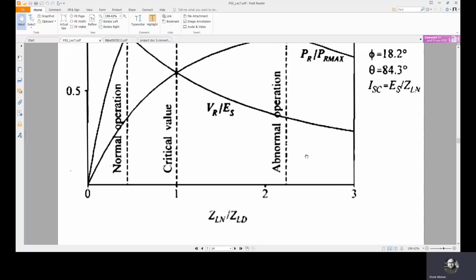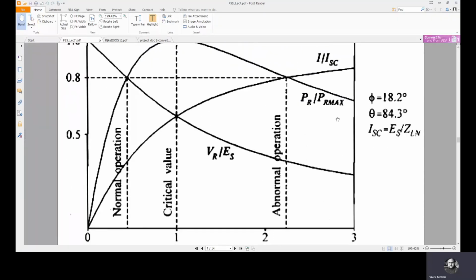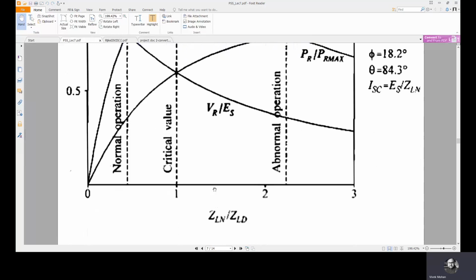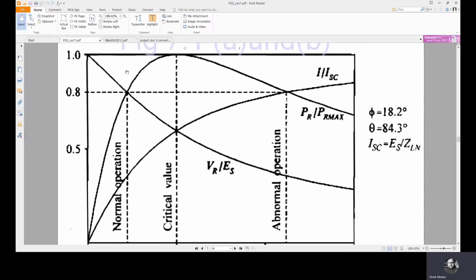In the plot it says ZLN by ZLD versus different parameters: one is I by ISC, another is PR by Pmax, and another is VR by ES. So now you can see here, if ZLN by ZLD increases, you see that VR by ES is decreasing.